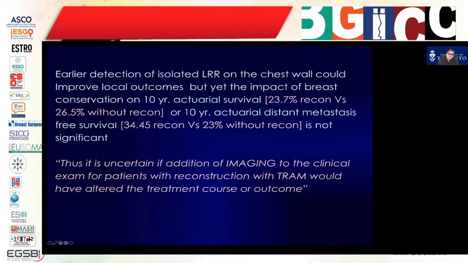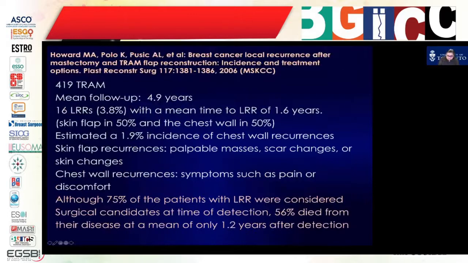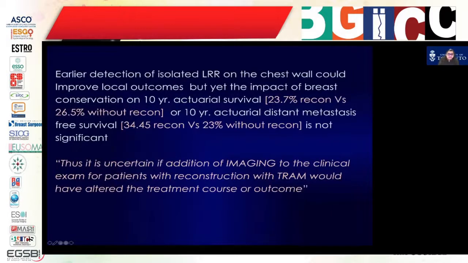They further describe that early detection of isolated local recurrence on the chest wall did not really show any further survival benefit after 10 years. So basically, there was no benefit demonstrated in terms of long-term disease-free survival.